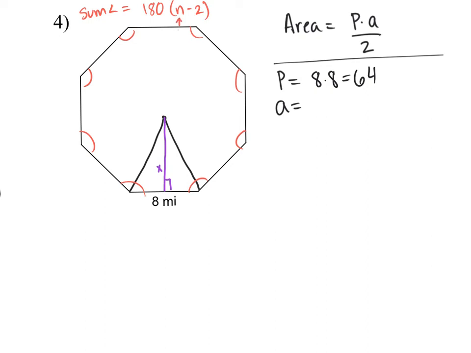In this case, my n is 8. So if I did 8 minus 2, I'd have 6. So 180 times 6 is 1,080 degrees. All of those angles together is 1,080 degrees. If I divide that by the 8 equal angles that are within this shape, I know that one angle, the entire thing, is 135 degrees.